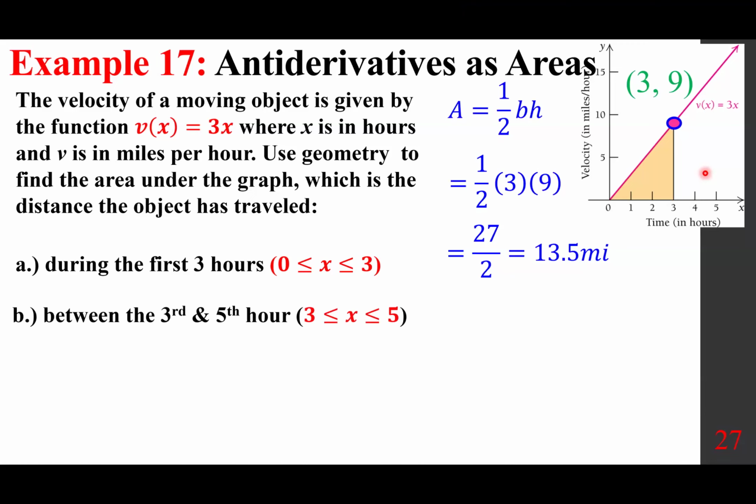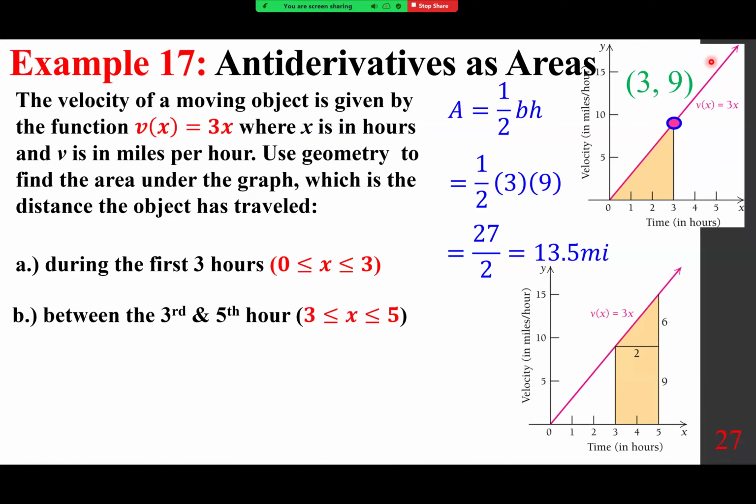Between the third and fifth hour, so we want this area, and you have two choices. One would be just use the triangle from 0 to 5. Remember this point has coordinates 5. Let me just write that so it becomes easy for everybody to see.